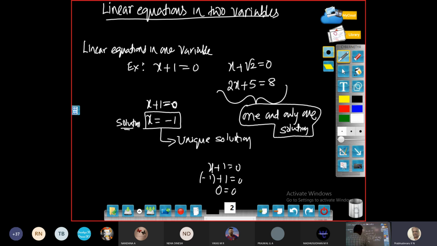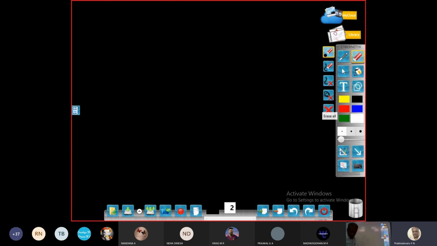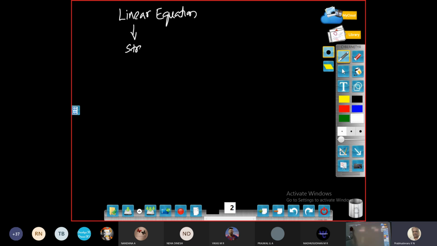So let us see the next one. Linear equation, I already explained the meaning. Equation means an algebraic expression that is equated to some value. Linear means it is a straight line, so you get a straight line for the graph.